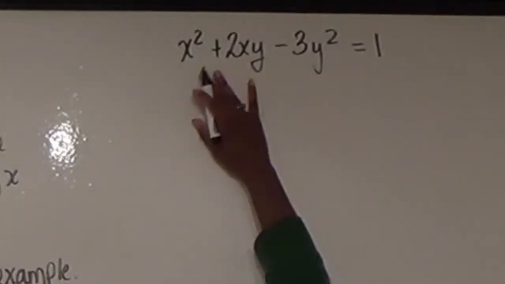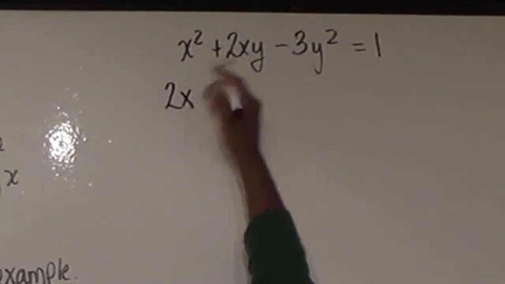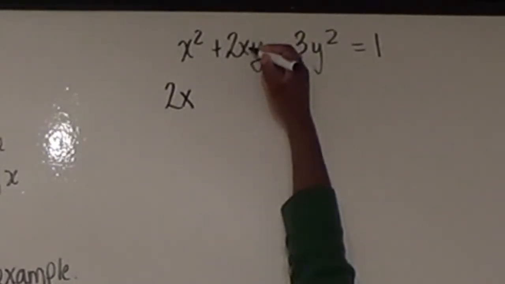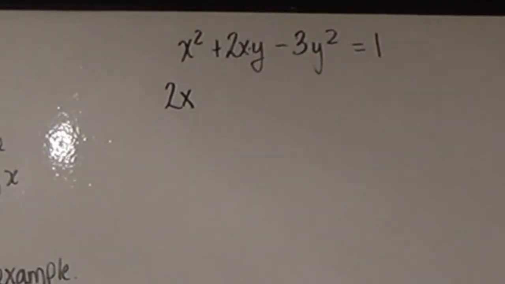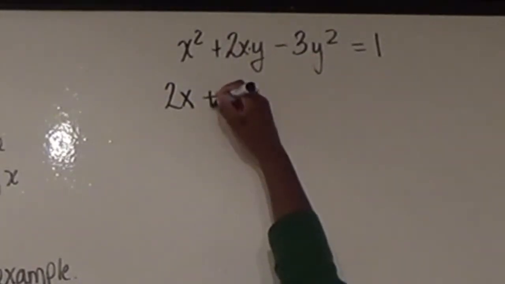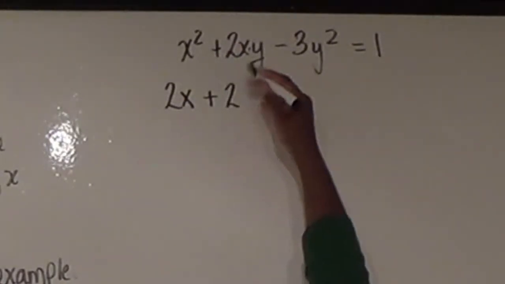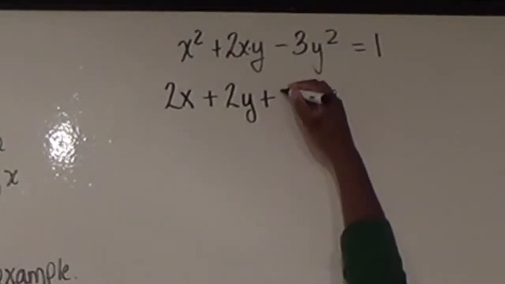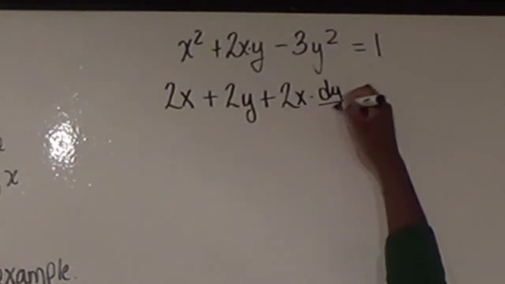The difference between this one and the last equation is, once we get to the second term, the 2xy, I have to treat this like a product, because I have 2x, but y is also some unknown function of x. So my derivative there is going to require the product rule. I'll take the derivative of the first term, which is just 2, times the second, plus the first term times the derivative of the second.